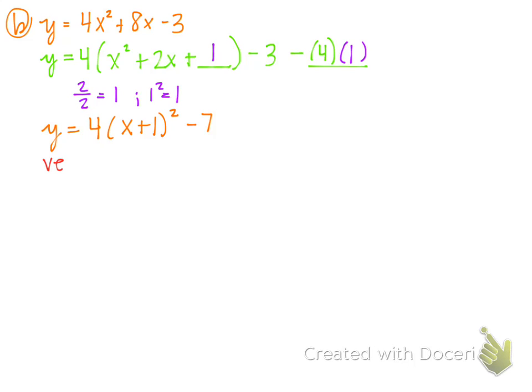Our vertex is negative 1, negative 7. My axis of symmetry is x is equal to negative 1. And lastly, if we take a look in front, that 4 is positive, so it's going to open up.